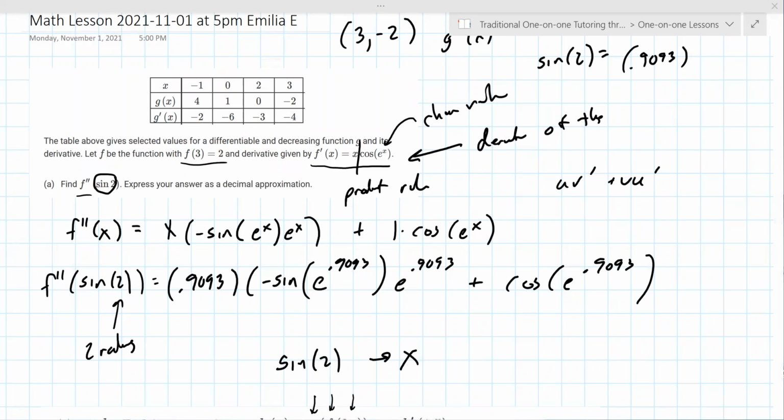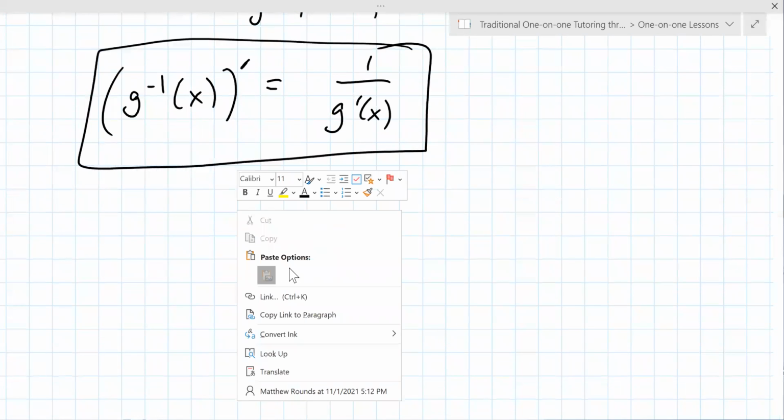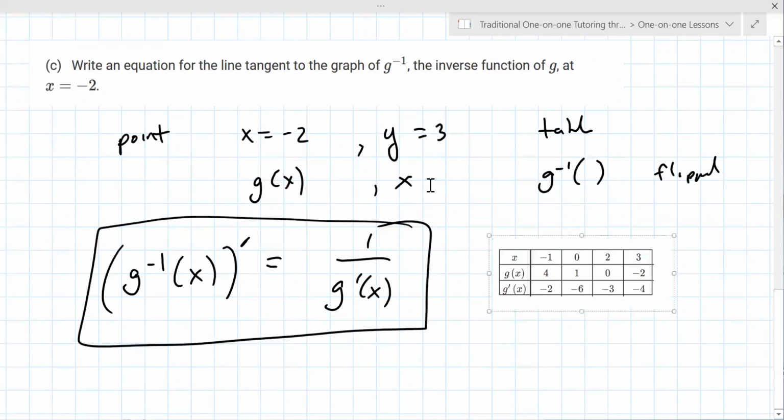Let me snip this in. I'm just trying to snip in the table. So your x is really 3.